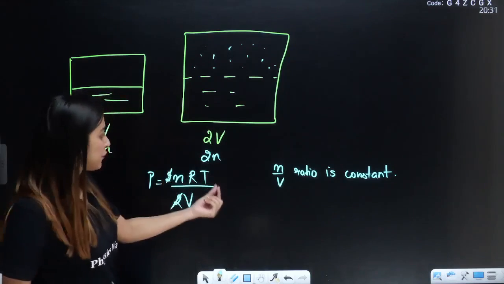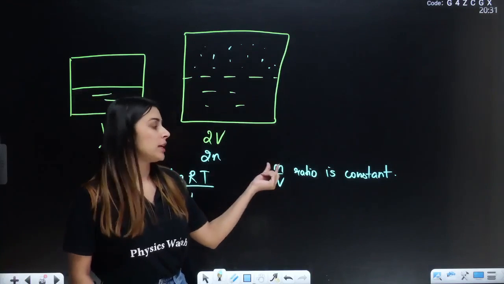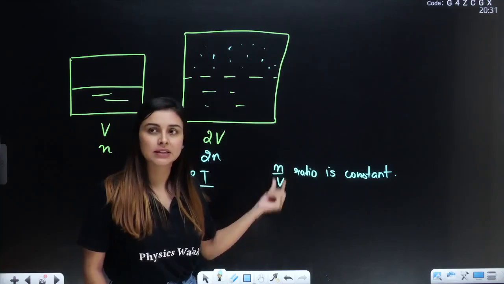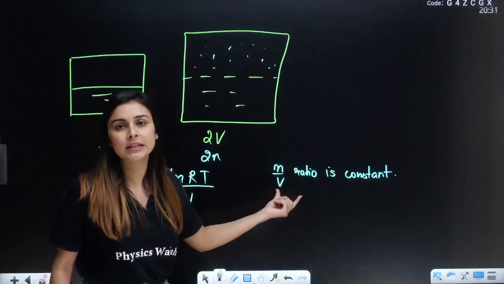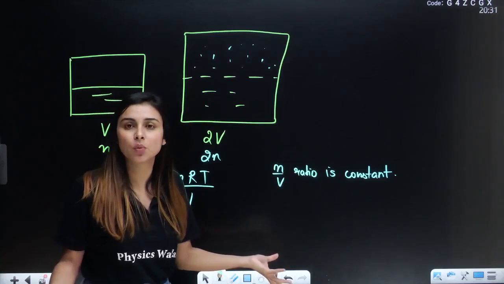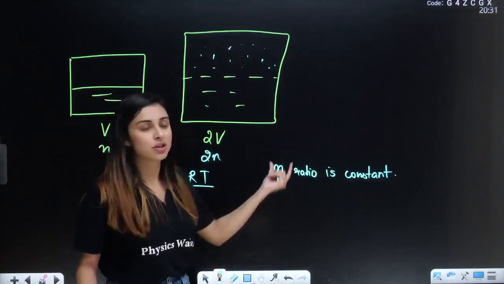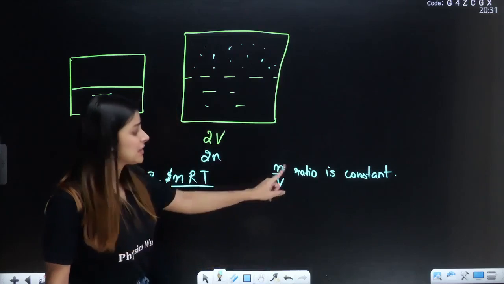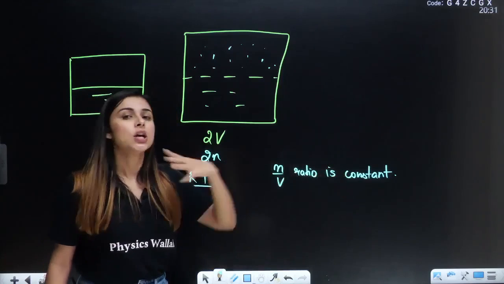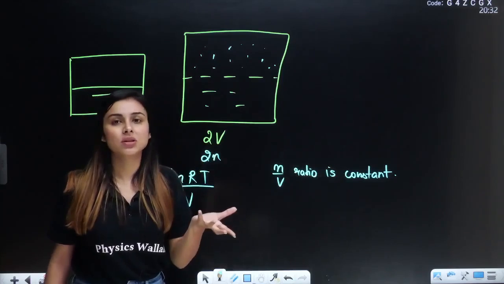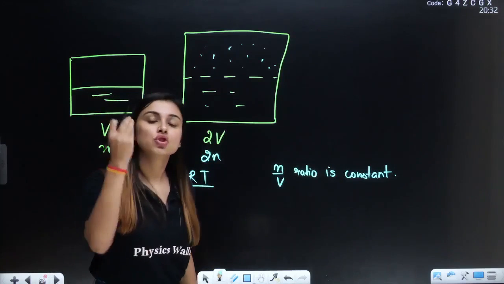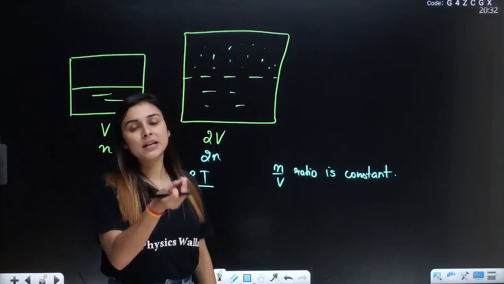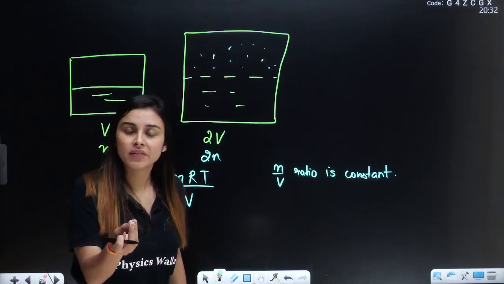Because if you increase the volume, similarly your moles will increase. The ratio will always remain the same. If you try to increase the moles, obviously the volume is increasing, and again the ratio will be the same. Since the n by V ratio is constant, your vapor pressure is always a constant value. It only and only depends on the temperature. So the vapor pressure at a particular temperature is always and always constant.